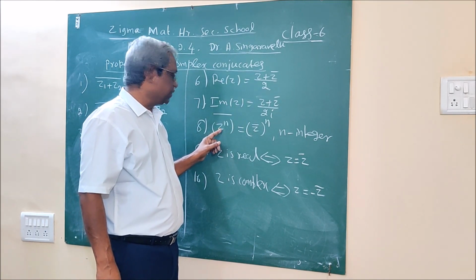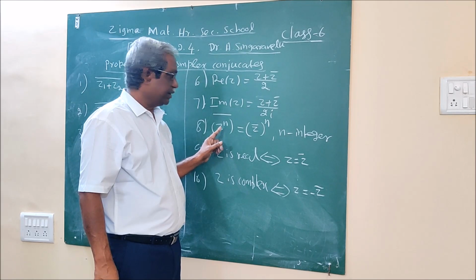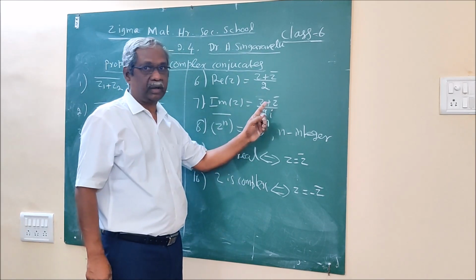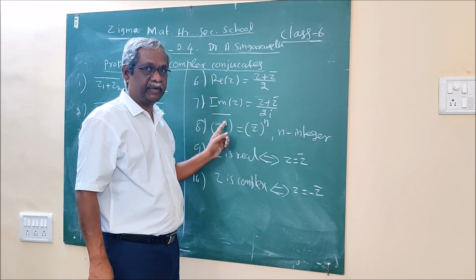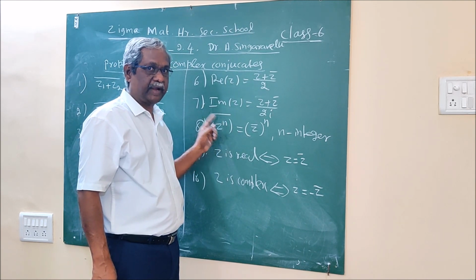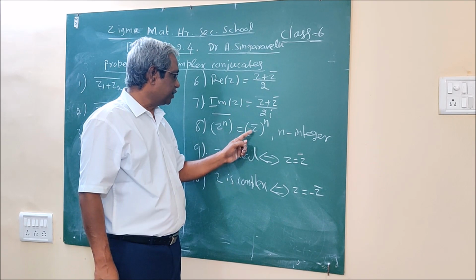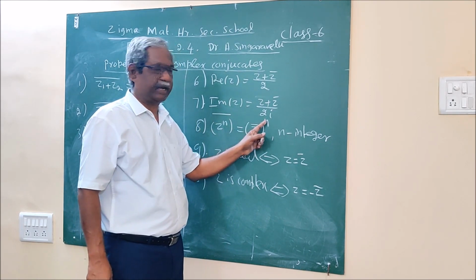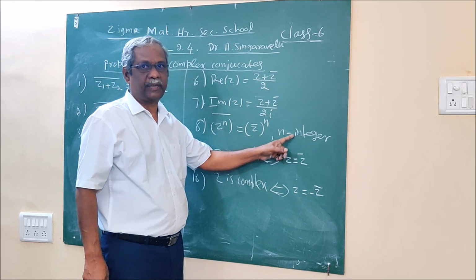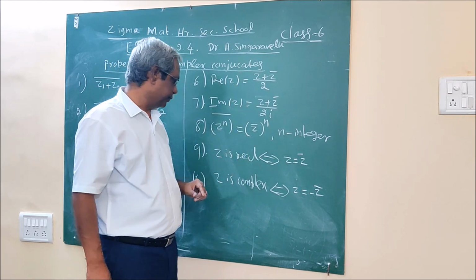Then when Z is a complex number, Z power n whole bar, say Z square, Z cube, Z power 4, etc. If you want to find the conjugate, that is equal to the conjugate of Z, that is Z bar, whole power n. n should be an integer, it should not be any fraction.